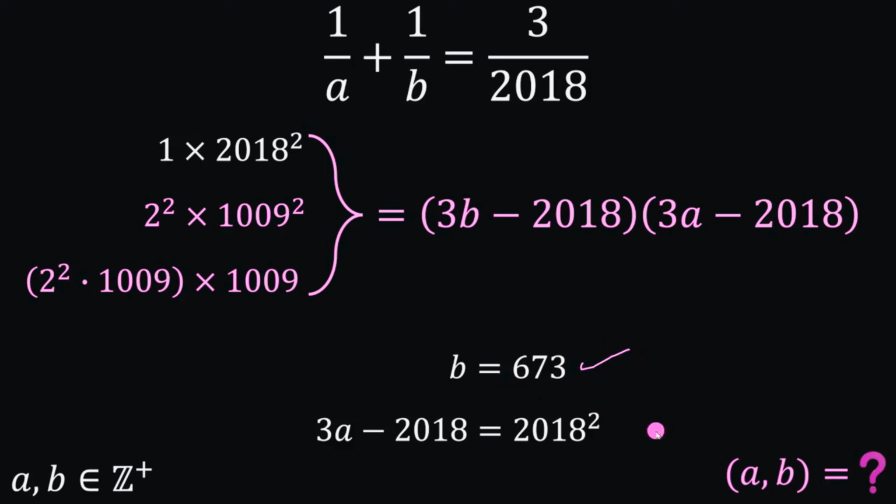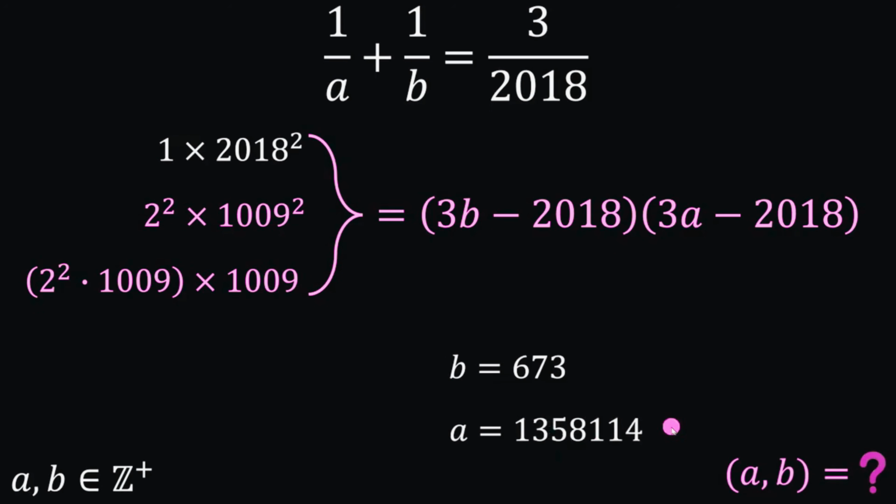How about a? Add 2018 on both sides. Factor out 2018. Next, 2018 plus 1 is 2019. Again, this is divisible by 3. So we have 673. So 673 times 2018 will give us 1,358,114.